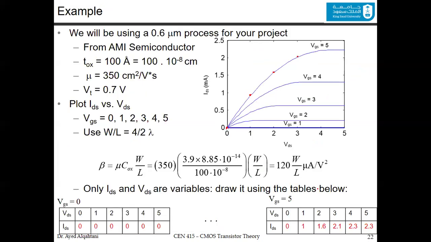So at that time, you can find the value: when the VDS is equal to 4, the IDS is equal to 2.3, and at 5 also 2.3. And now you can draw the curve by connecting these dots.